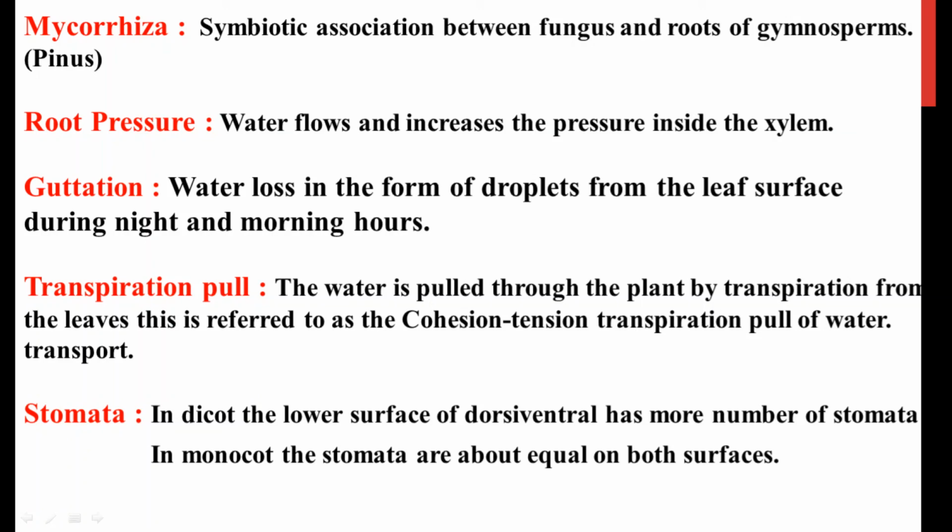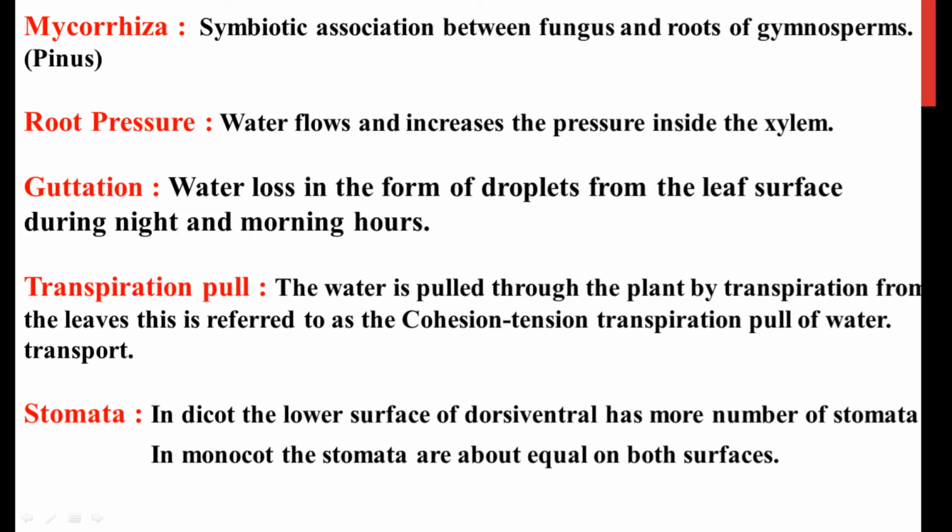Transpirational pull: most of the water transport in plants is due to a pull from the top, for which the driving force is transpiration from the leaves. This is also referred to as the cohesion-tension transpiration pull model of water transport.